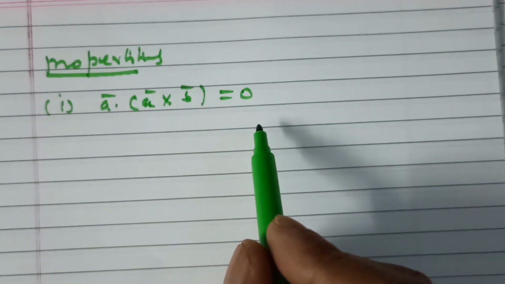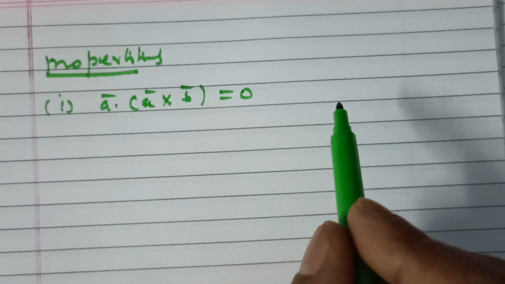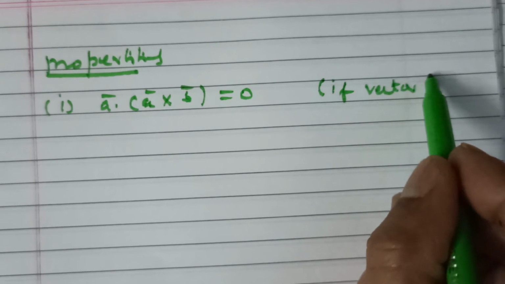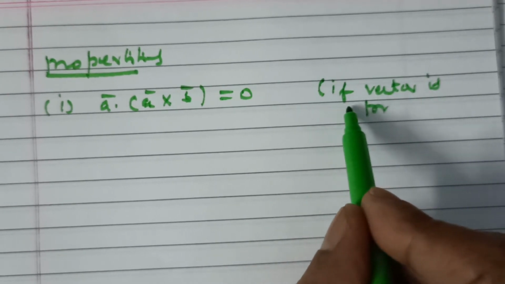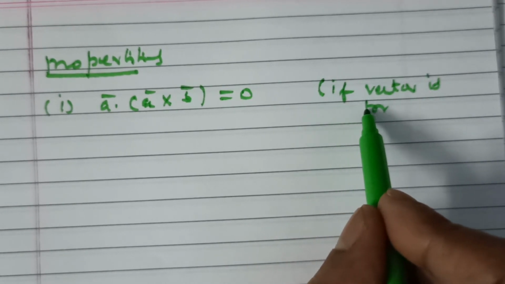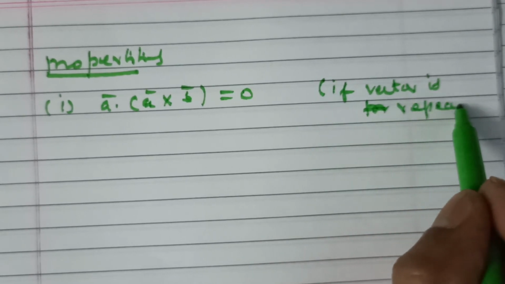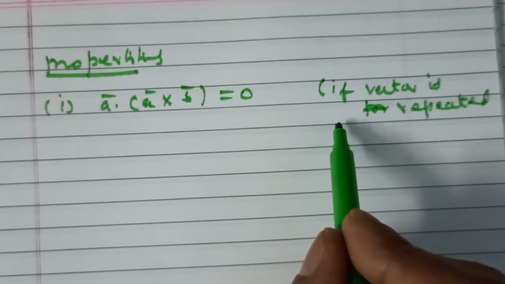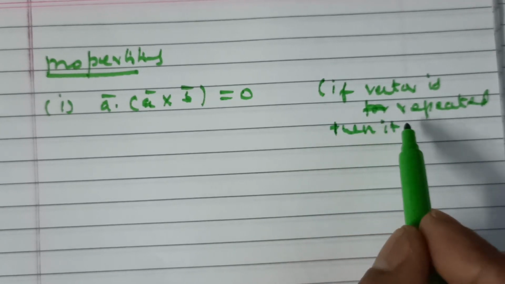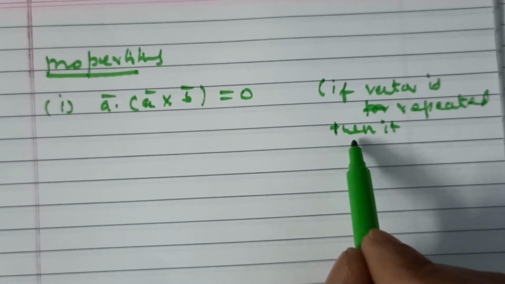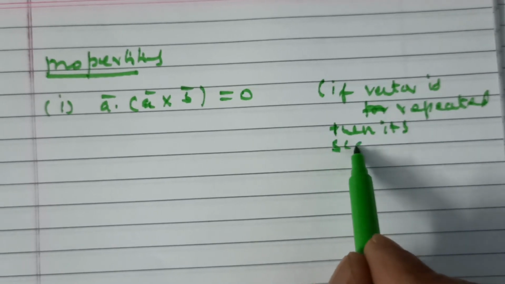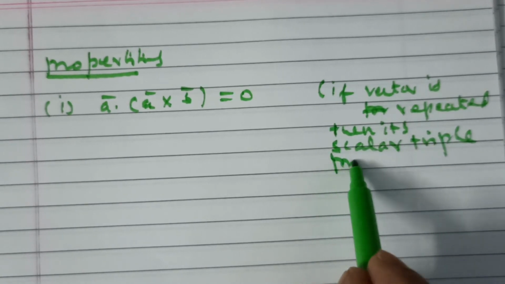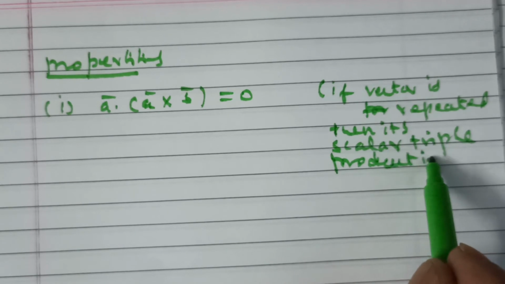If a vector is repeated, then its scalar triple product is 0.